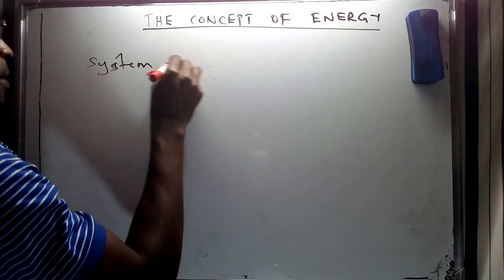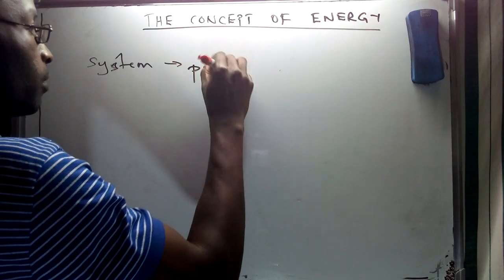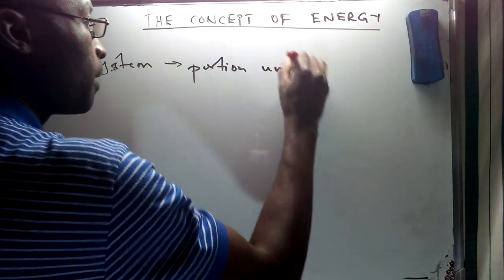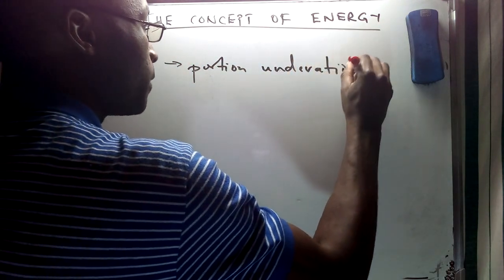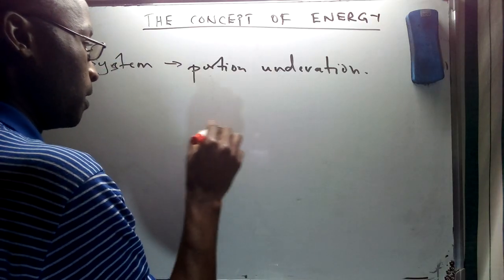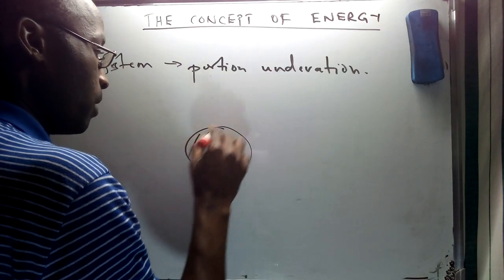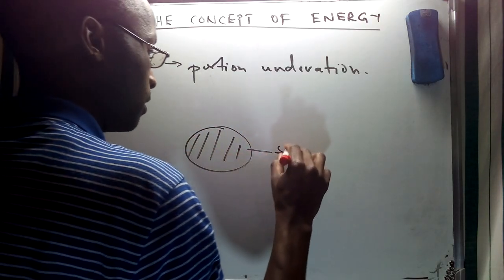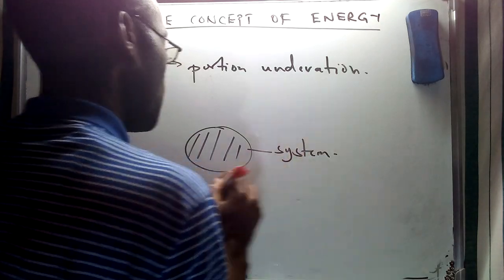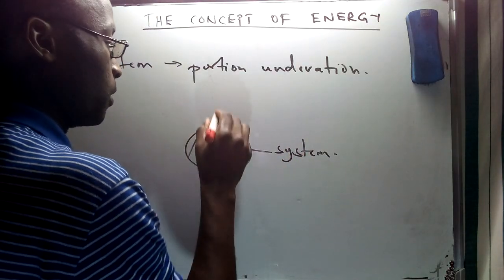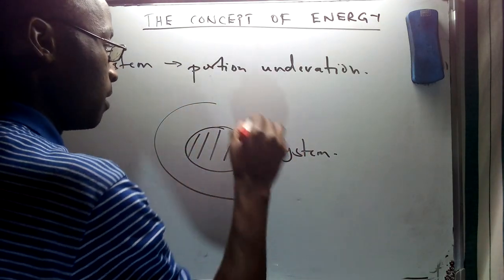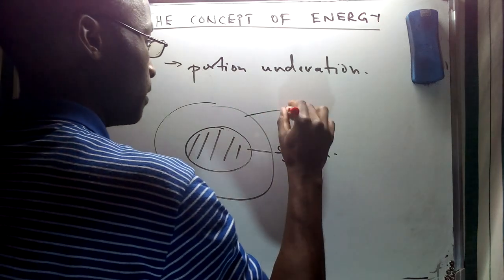And we said that the system is a particular portion of matter under consideration. And we were given a figurative description of this, whereby we say that this is going to consist of a system, and the surrounding part of the system is going to be referred to specifically as the surrounding.